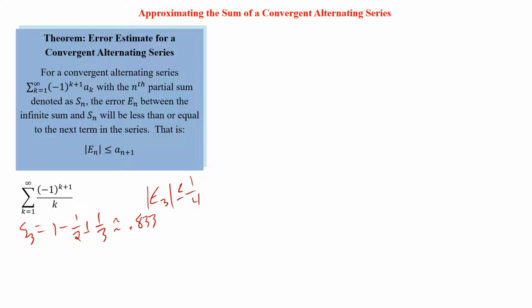Let's take a couple more sums. We can actually figure out what error we want. So let's say we want an error of 0.01. We want our error to be less than or equal to 0.01. Well, that's 1 over 100. So that means that we would need the 99th partial sum to get that.